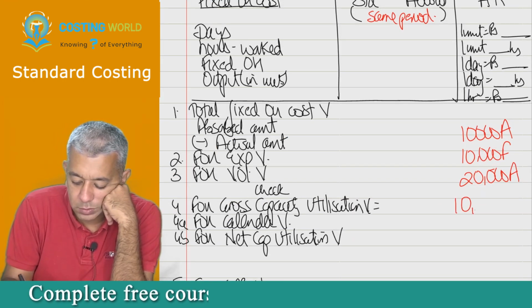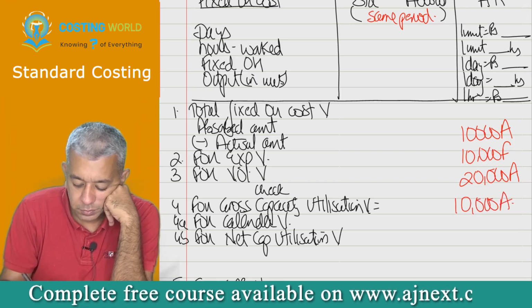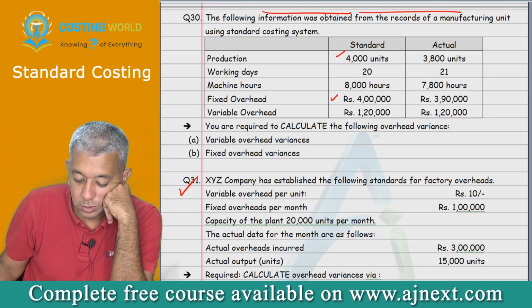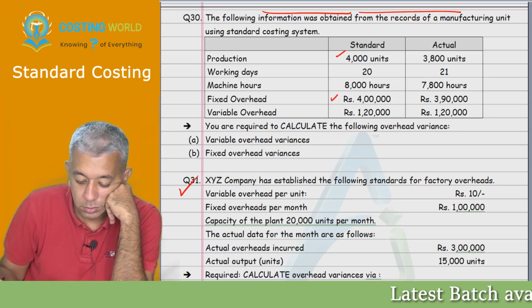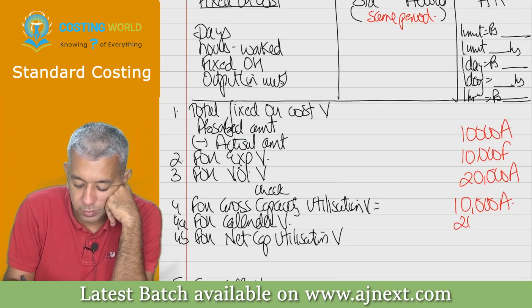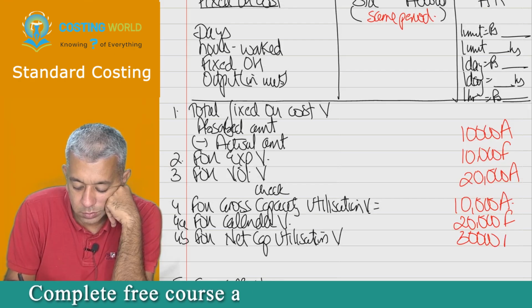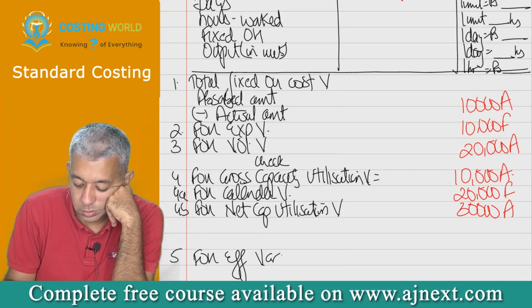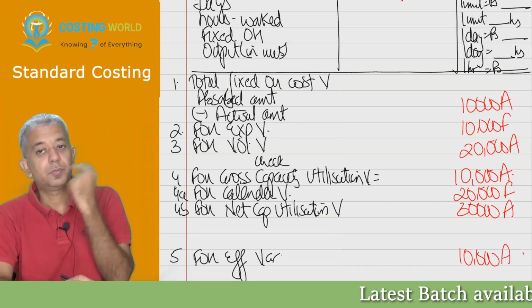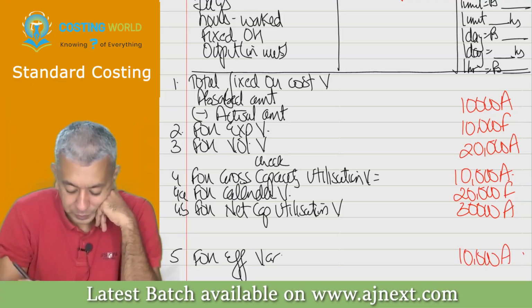Gross capacity? Yes, sir. Calendar, 1 day, 20,000 favorable. 4 lakhs upon 20, 20,000 favorable, 30,000. 30,000 adverse, 10,000 adverse. 10,000 adverse. Job done.